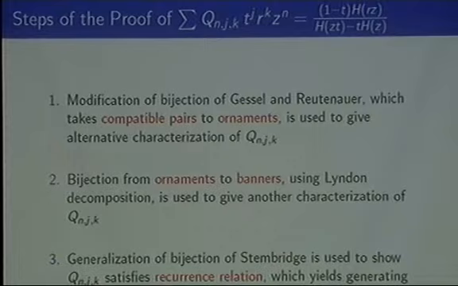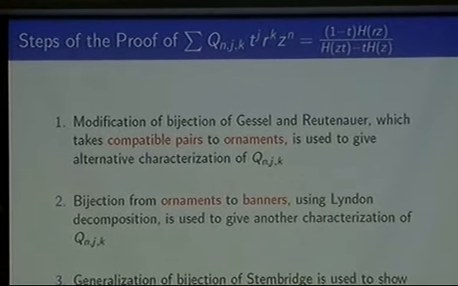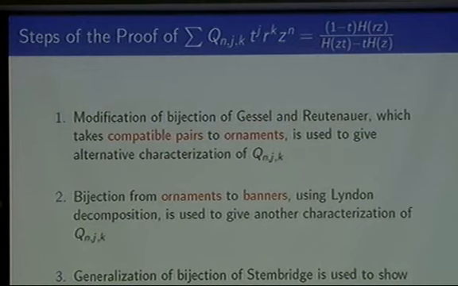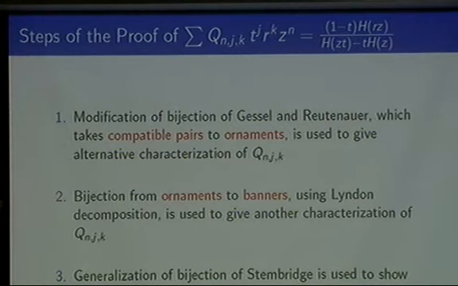Okay, so the first step is we're modifying this well-known bijection of Gessel and Reutenauer. And I'll talk about what this means, compatible pairs and ornaments. I'll talk about the first step. The second and third steps I'm not going to have time to discuss, but there are 3 main steps in proving this. So let me just focus on the first step, because that has some nice combinatorics in it.